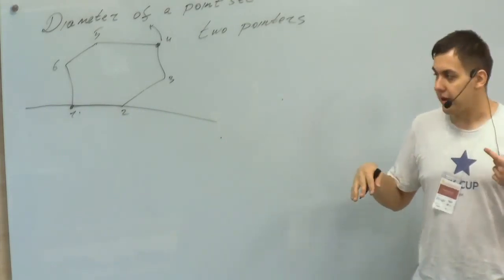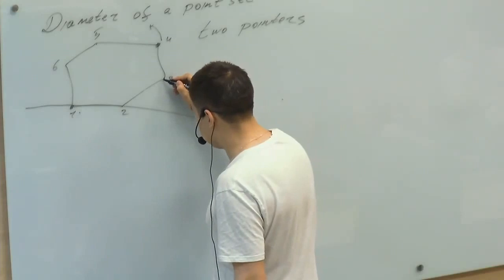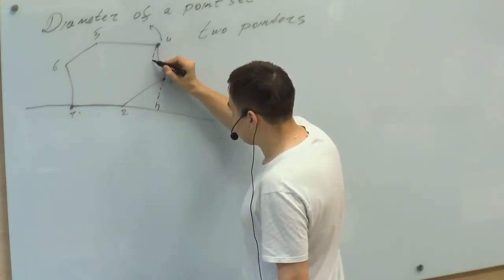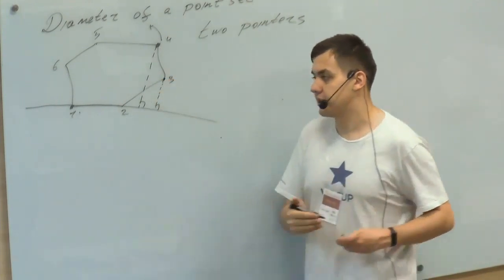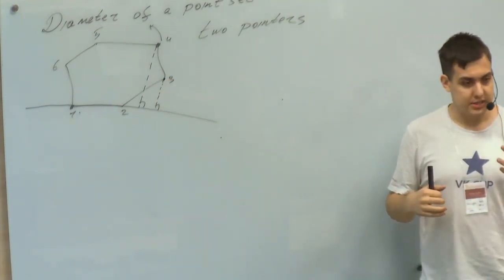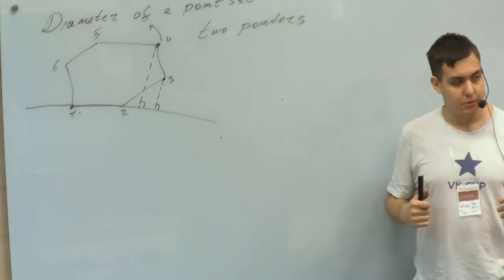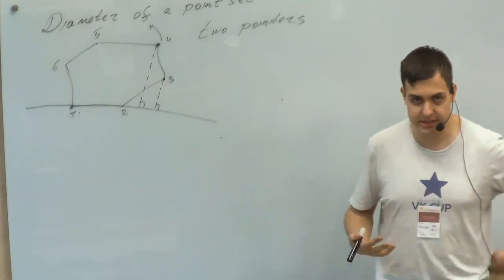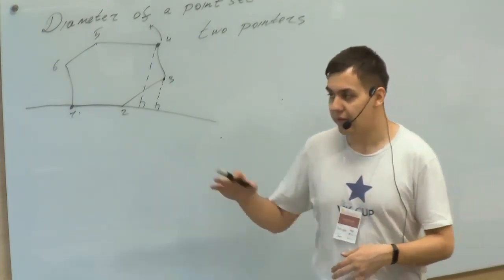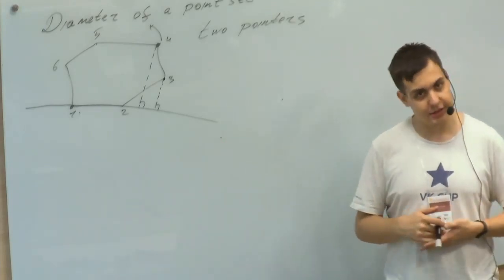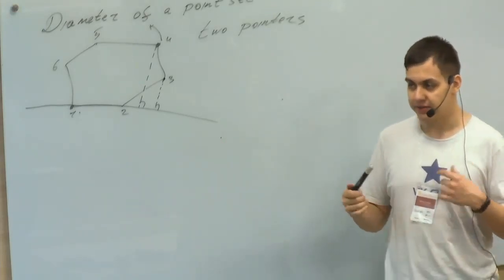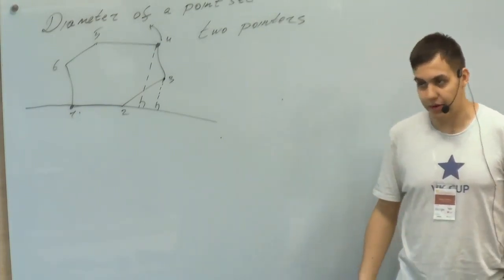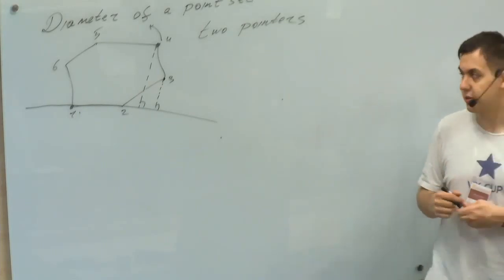If I'd like to compare the distance from this point to this line, and from this point to this line, comparing 2 distances can be done again with the vector product. Since the vector product is also an area of a triangle, it's a signed area, so if it's positive, then it's equal to twice the area of the triangle, and if it's negative, then it's equal to minus 2 times the area of the triangle, and it depends on the orientation of the triangle.